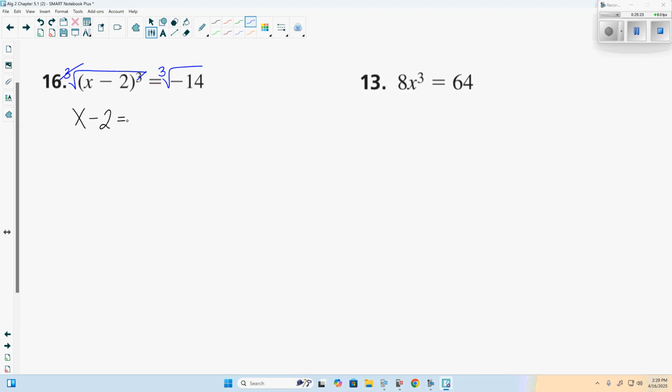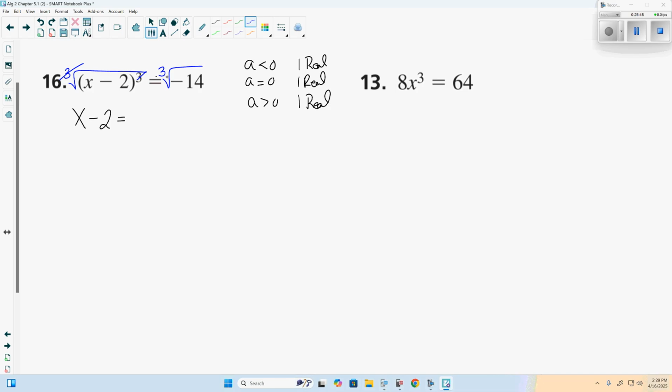Because with odd roots, if it's an odd root and a is less than 0, we have one real root. If a is equal to 0, we have one real root, and when a is greater than 0, we have one real root.